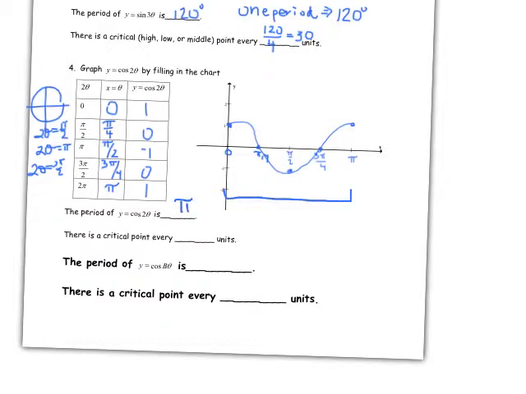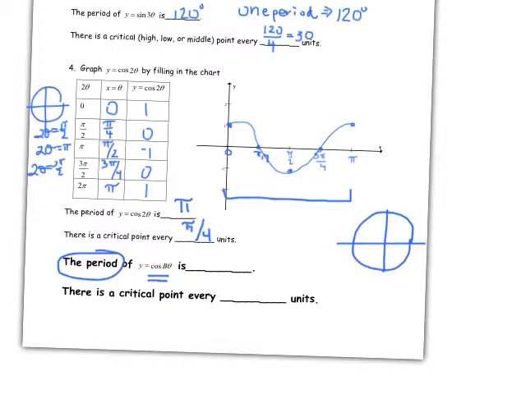And so there's a critical point: take that pi and divide by 4, pi over 4. So in general, the period for y equals cosine b theta. Now this is the hardest one to remember because you're going to be tempted to say it's b, and it absolutely is not. Keep in mind that a full period is normally 360 degrees or 2 pi in radians.